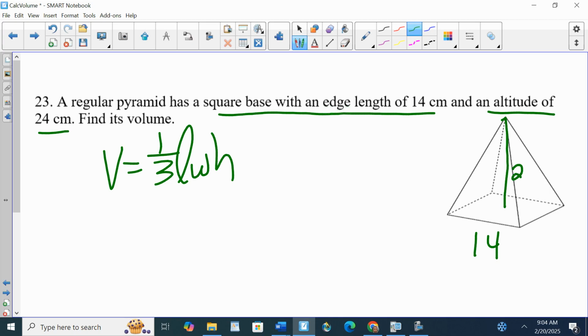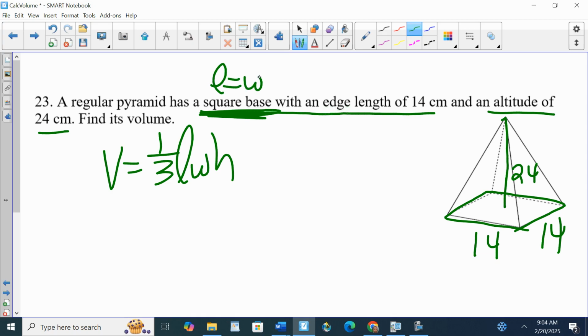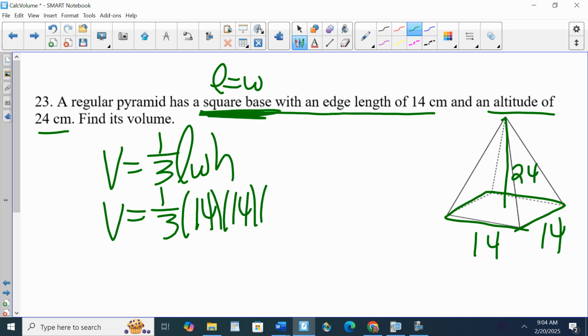And where students get messed up, they're like, well, I got the length, but I don't have the width. Since it's a square base, all sides of a square are the same. If it's a square base, which it almost always will be, the length is equal to the width. It's the same thing. So it becomes 1/3, 14, 14, 24.